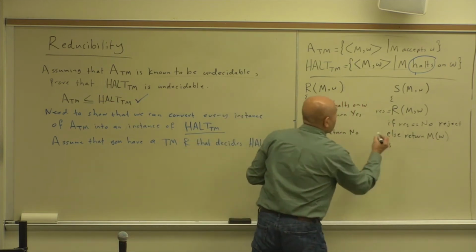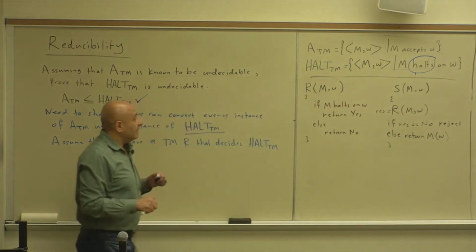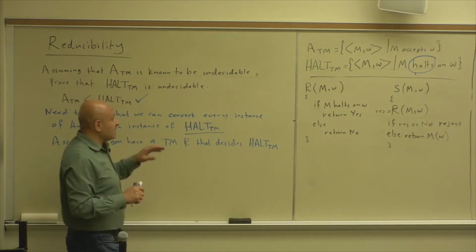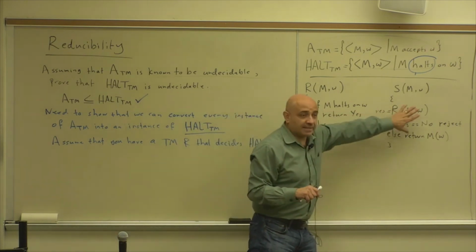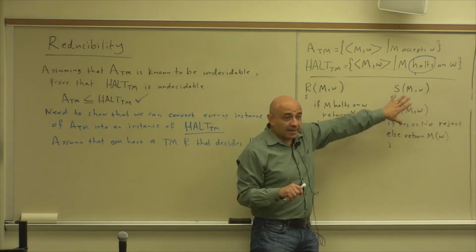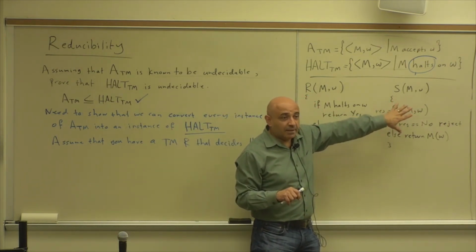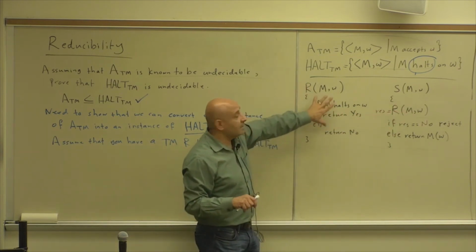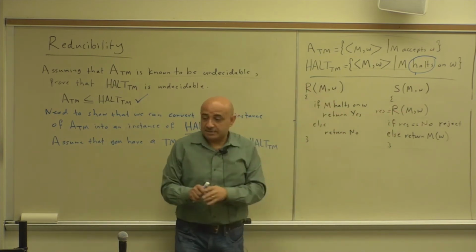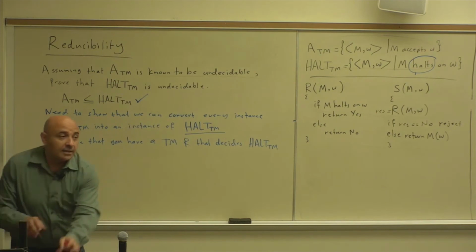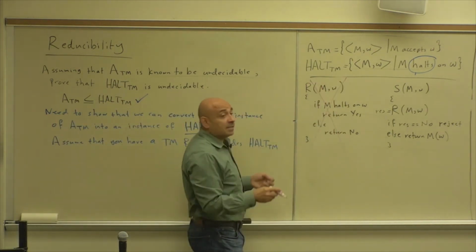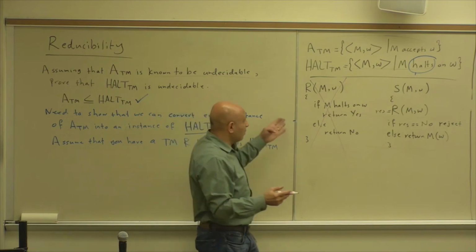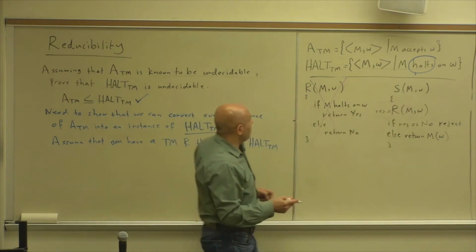So this means that if you give me a solver for the halting problem, I can use it to solve the acceptance problem. But I know that the acceptance problem is undecidable. Therefore, such a solver cannot exist. So I conclude that this solver cannot exist, because if I have it, I will be able to solve ATM with it.